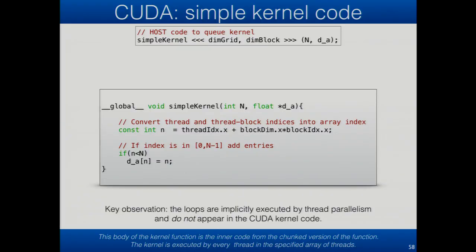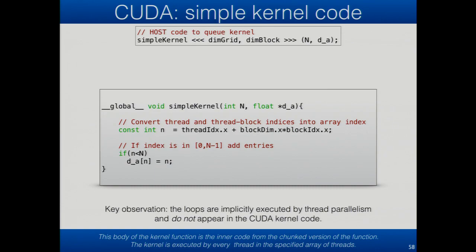Right. So the CUDA kernel basically is the payload at the inner part of that nested loop structure, where we've lost those for loops because the for loops are handled by parallelism. Right?